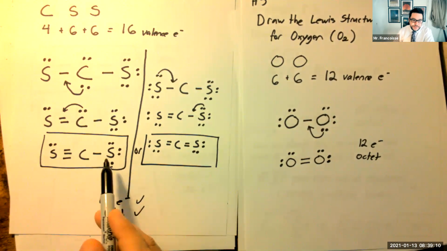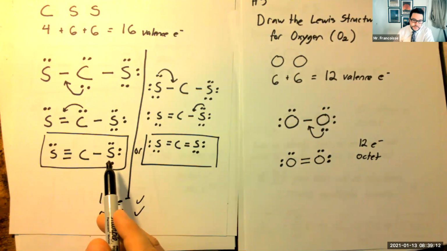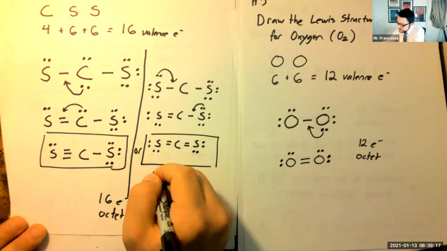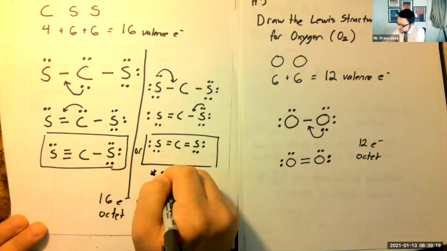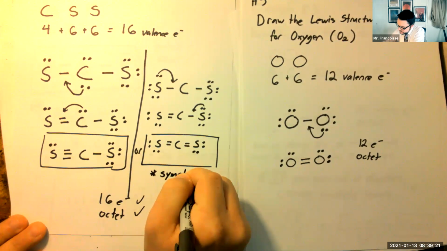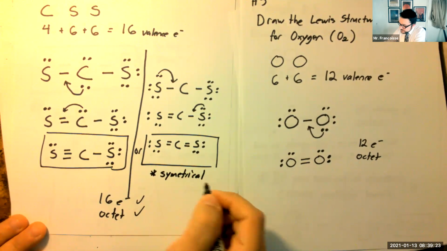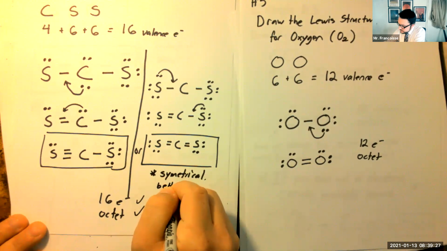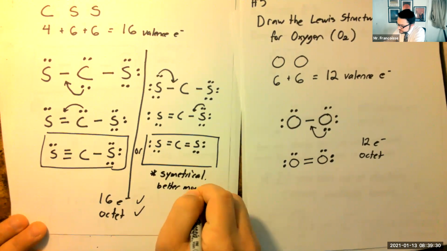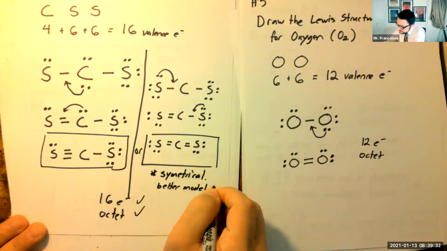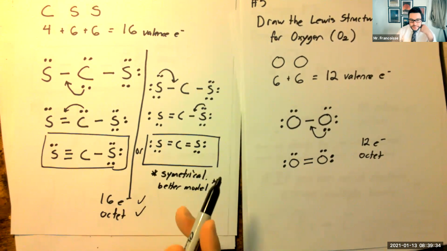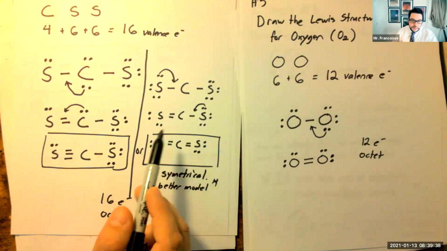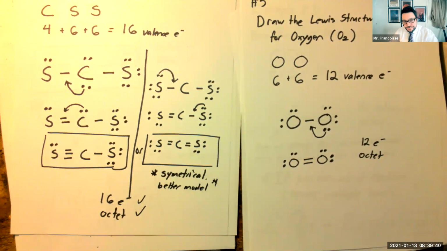So we have 2 different ways to write this. Both of these I would accept. This is symmetrical, so that we can say that this is the better model. If you have 2 different ones and you're trying to figure out which one's the better one, it would be the one that's symmetrical, typically.